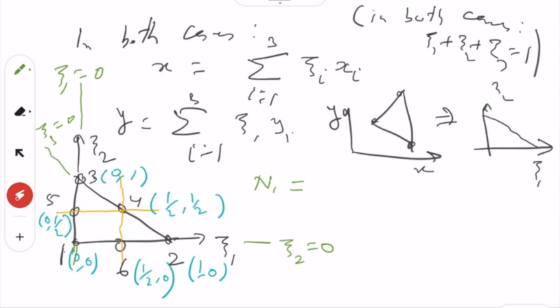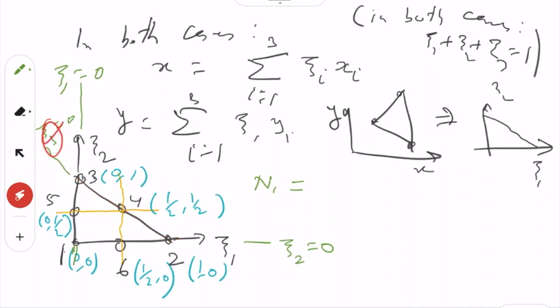So accordingly we can write that n1 will be equal to what? Xi here. n3 equal to 0.